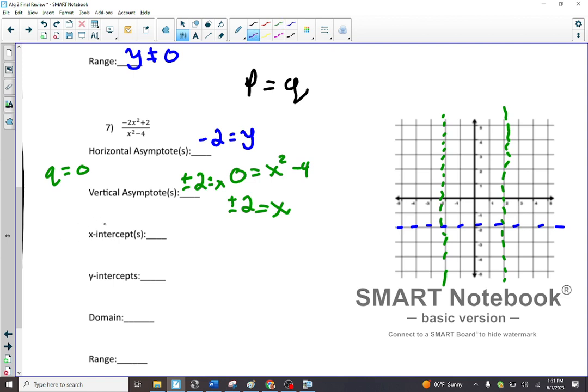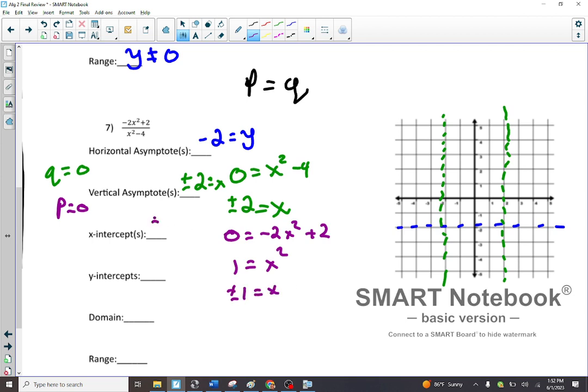Your x-intercepts is when p equals 0. So 0 equals negative 2x squared plus 2. Let me do a little bit of math. 1 equals x squared. Square root both sides. Plus or minus 1 equals x.